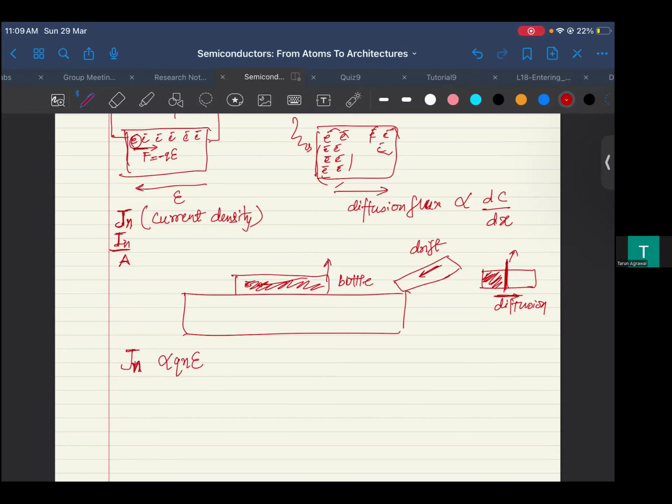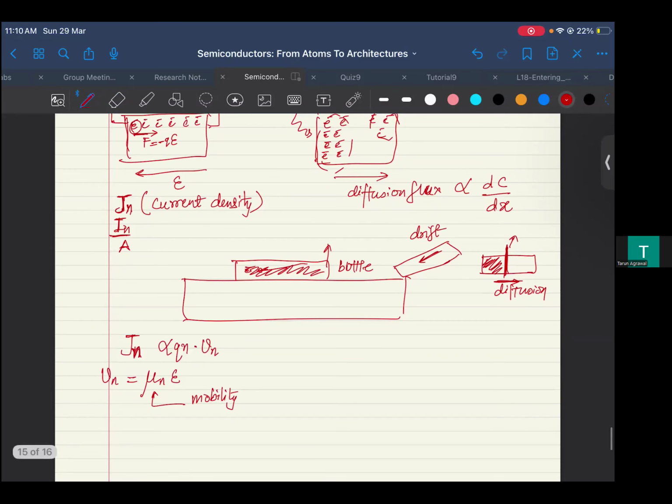And there is another quantity, which we discussed first as a velocity. And this velocity is described as a physical quantity, and we will talk about it in another video because it cannot be justified in one video what mobility is. It's a very inherent material parameter, a material property.